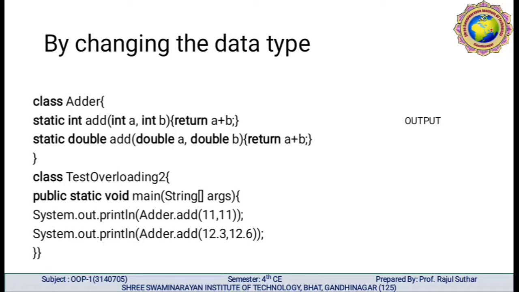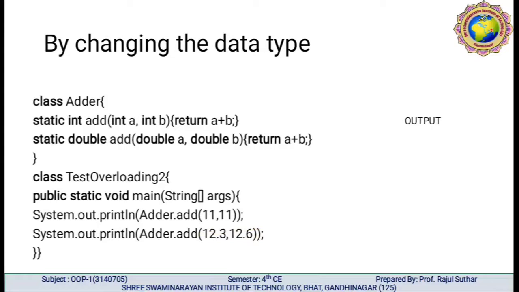In the main class, the name of the class is TestOverloading2. Public static void main(String args), as I require System.out.println to print the addition of two numbers. Adder.add is our function. System.out.println(Adder.add), we are using double values here. Keep in mind the value must be in double format, so 12.3 or 12.6.